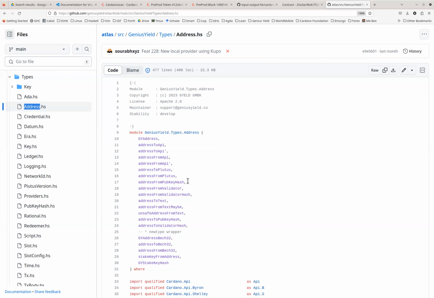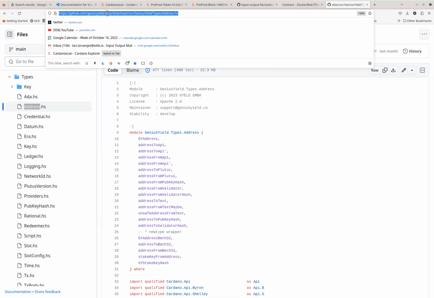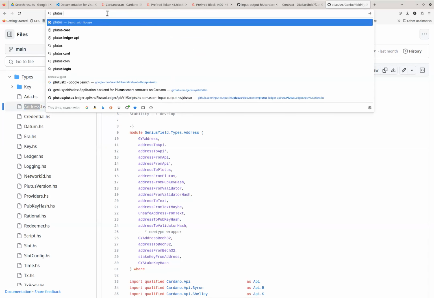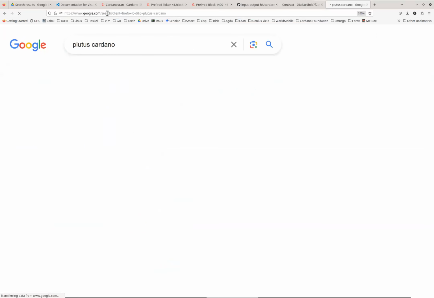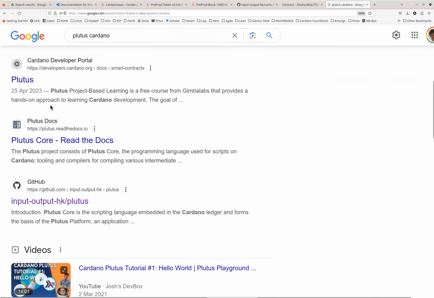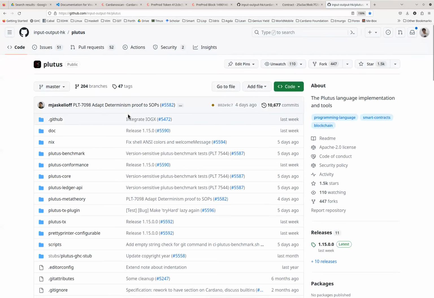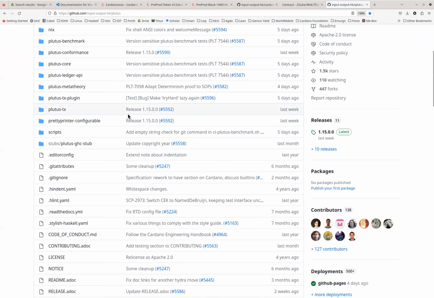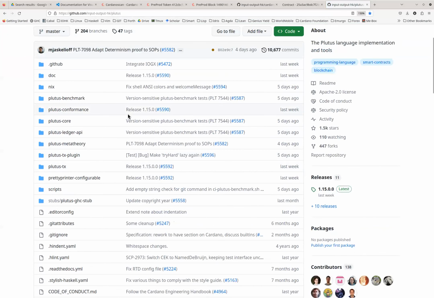I think there was this Pluto. I'm not sure whether that's still maintained, but there used to be this Pluto's example. Let's see. There used to be a bunch of example contracts in Pluto's.